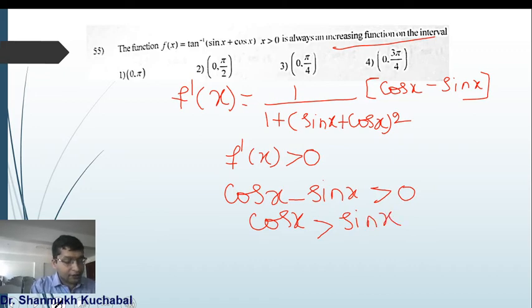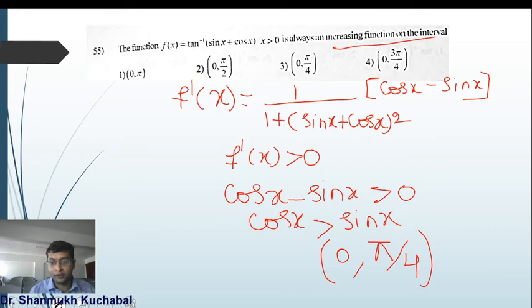When cos x is greater than sin x, the range is 0 to 45 degrees, 0 to pi by 4. You can see cos x has a very high value as compared to sin x. So the 0 to pi by 4 interval satisfies this relation. Therefore option 3 is the right answer. Option 3 is the right answer. Everyone, you can take a screenshot of this.